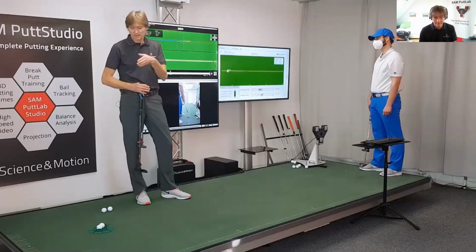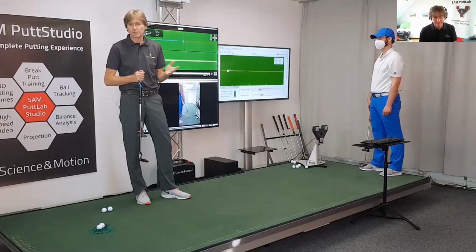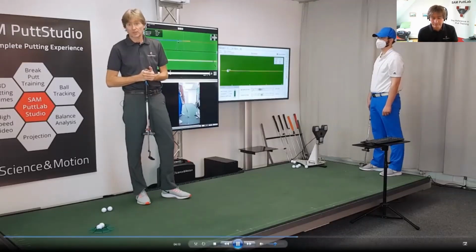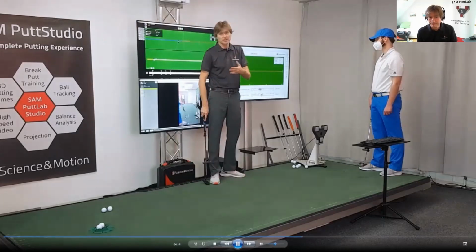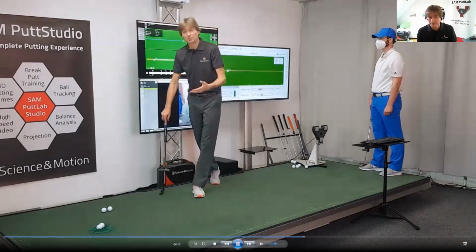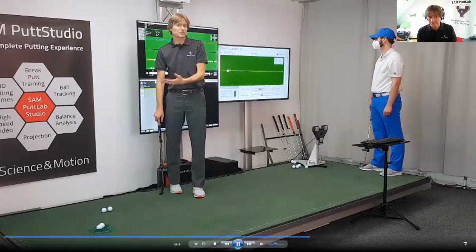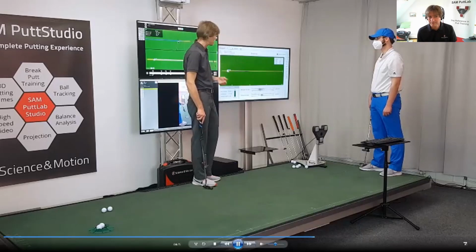We would recommend an entry speed of 0.5 meter per second, which is corresponding to 85 to 87% of percentage of the ball going into the hole, which is kind of a compromise between a slow putt with a very high probability, but at the same time a slow putt might not even reach the hole, but it shouldn't be too high the speed so the ball doesn't lip out.